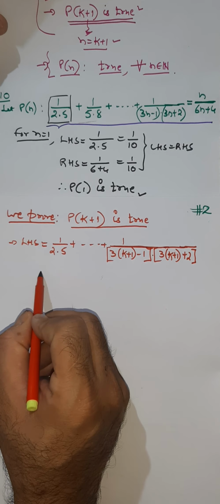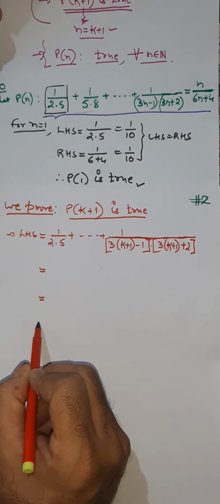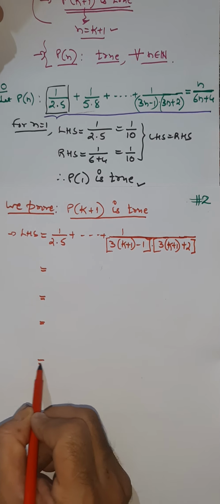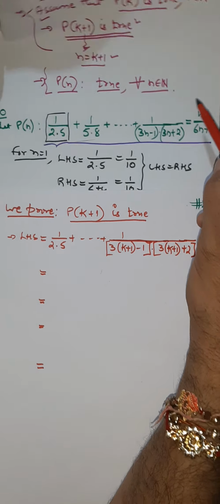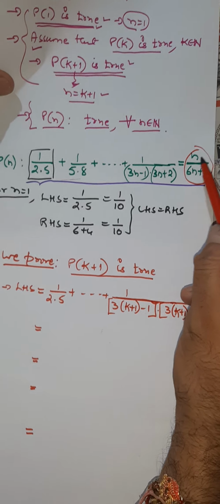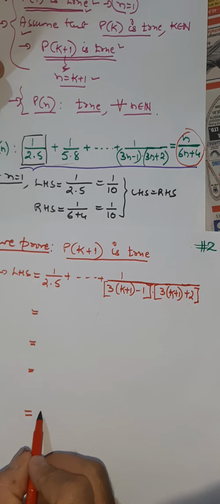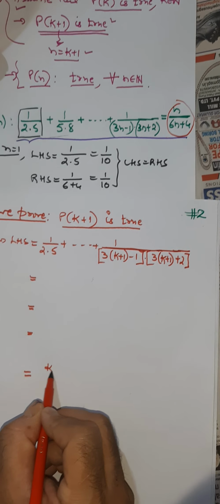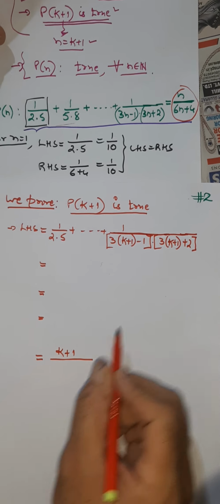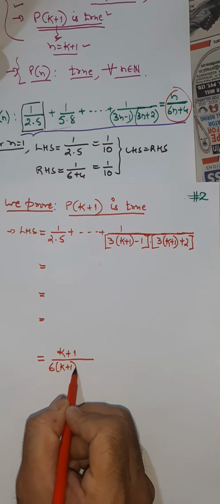Now what should be your RHS? Just for your information, the procedure here: in place of n you must have k plus 1. So the right hand side should be k plus 1 upon 6 into k plus 1 plus 4.